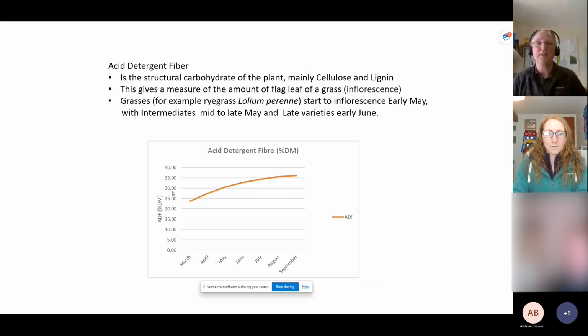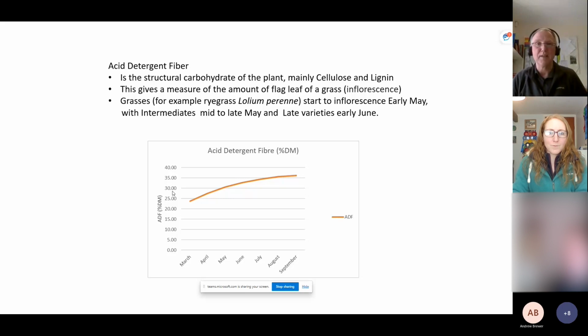So depending on your sward, your management system, and the amount of moisture you're hoping to get through the season, that will dictate what type of grass sward you want to have. And you can see on the graph that it rises quite considerably as the maturity of the grass increases. That is looking at a grazed sward management system, but there's still that flag leaf trying to push through, because there is a thing called secondary heading.